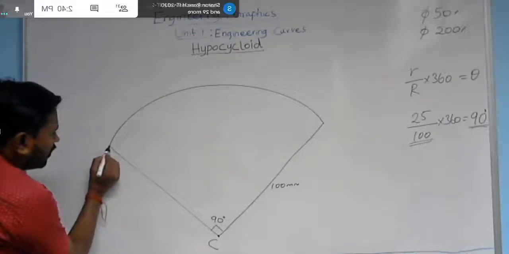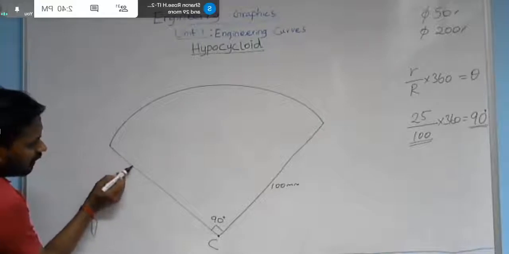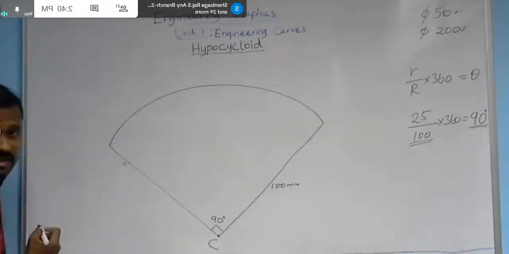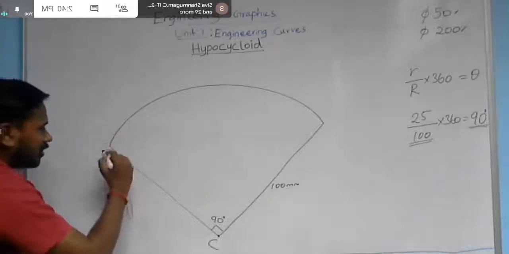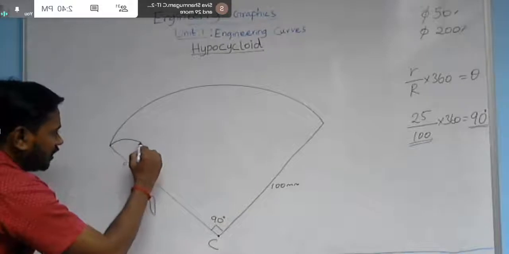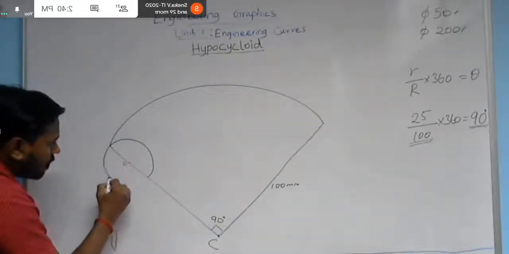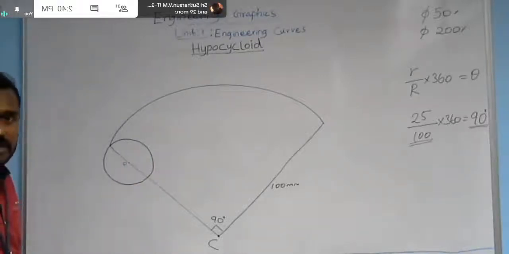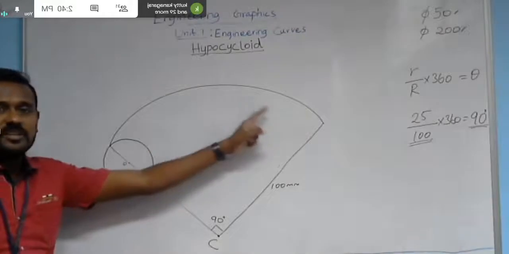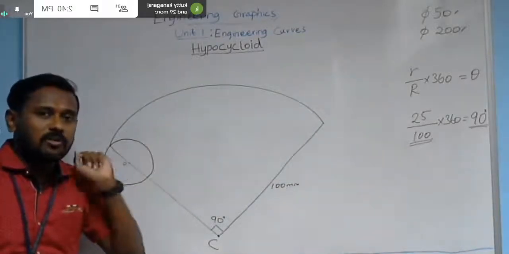Now, from this point, take 25 mm distance and mark the center point of the generator circle. Use your compass, load the radius with 25 mm and draw the generator circle. This generator circle is going to roll inside this pathway up to this point in order to complete one full revolution.